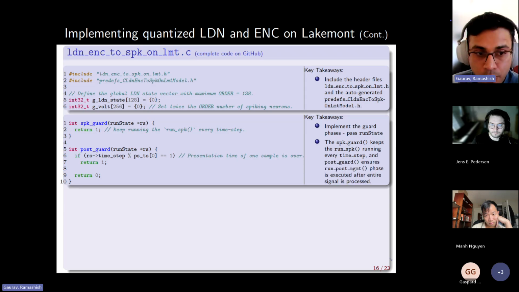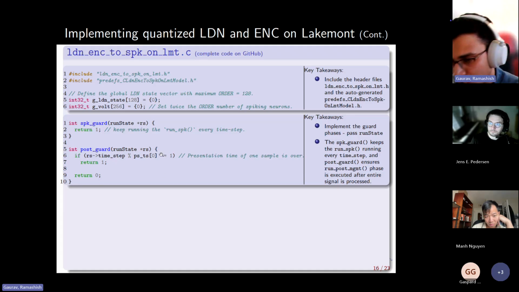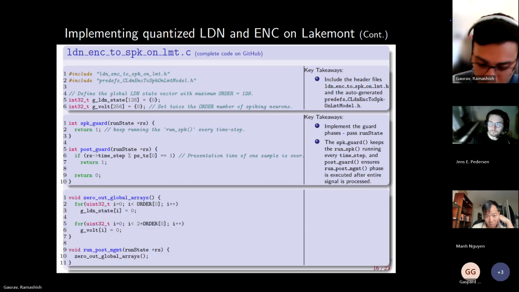And then the post guard ensures that the run post management phase is executed after the entire signal has been processed. So once the entire signal has been processed, let's iterate to the next test signal. Here you have got your run post management phase, which zeroes out the global state vectors and the voltages.